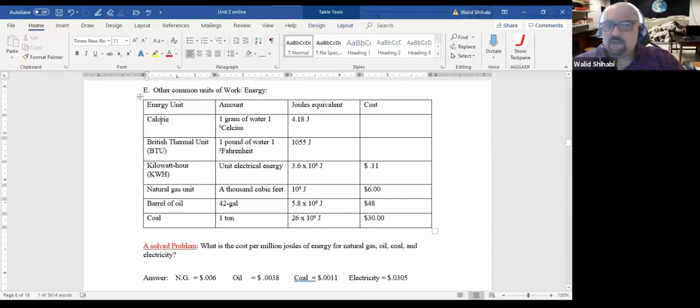A calorie, or normal or regular calorie, is the amount of heat needed to raise the temperature of 1 gram of water 1 degree Celsius, and it's equal to 4.18 joules. Okay. This is different from food calorie. Food calorie is 1,000 regular calories.